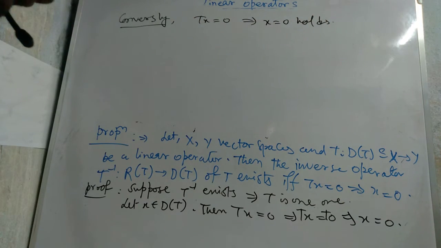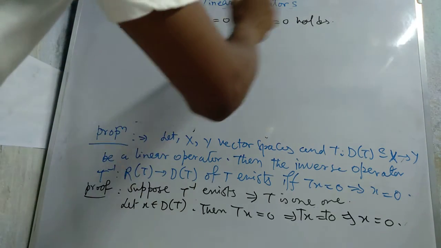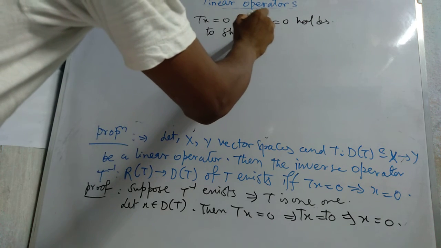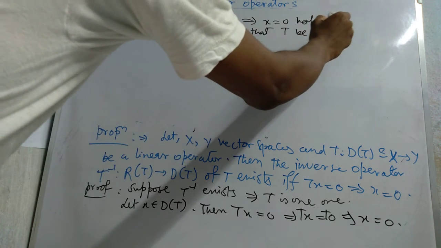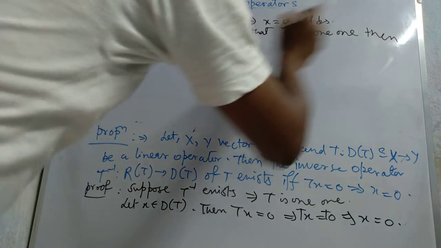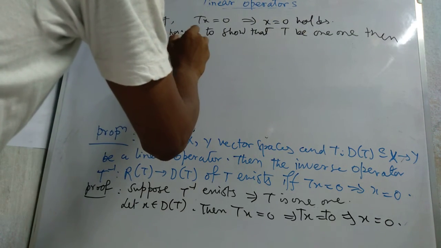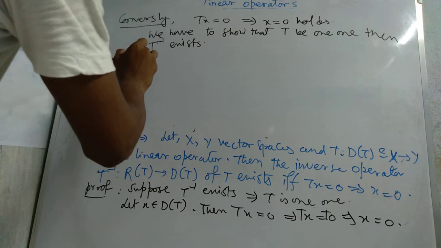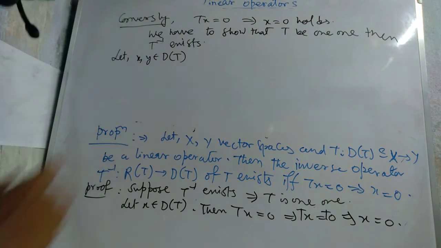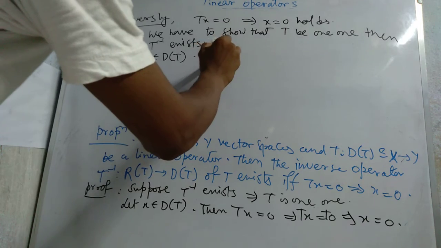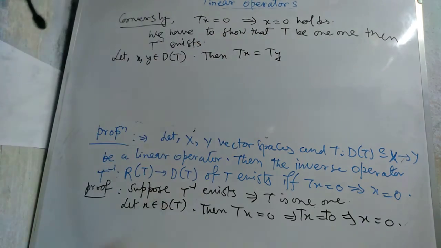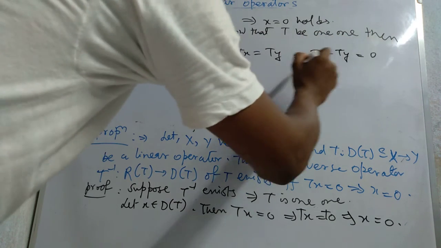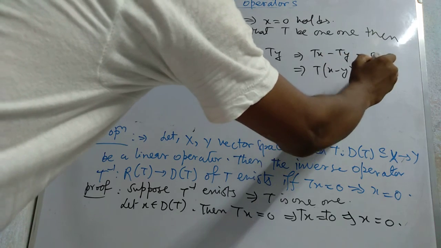Conversely, suppose T x equal to 0 implies that x equal to 0 holds. Then we have to show that T is one-one, and then T inverse exists. How do we show it? Let x, y belong to D(T). Then T x equal to T y implies that T x minus T y equal to 0, which implies T of x minus y equal to 0.